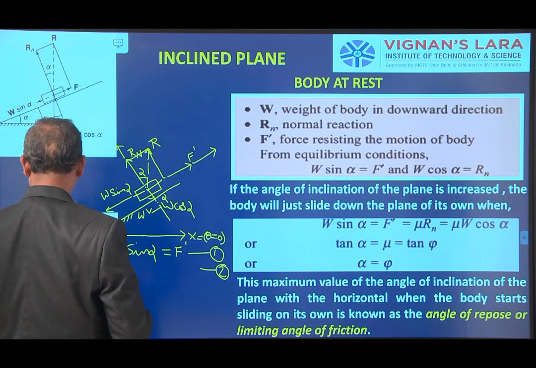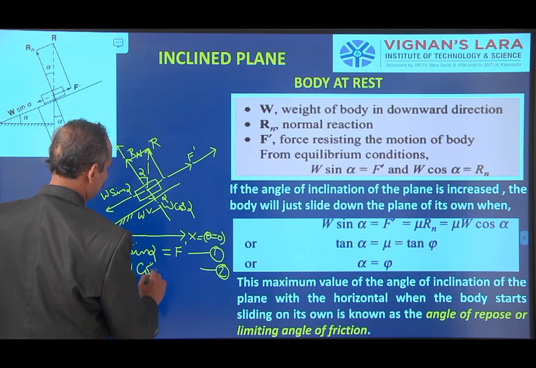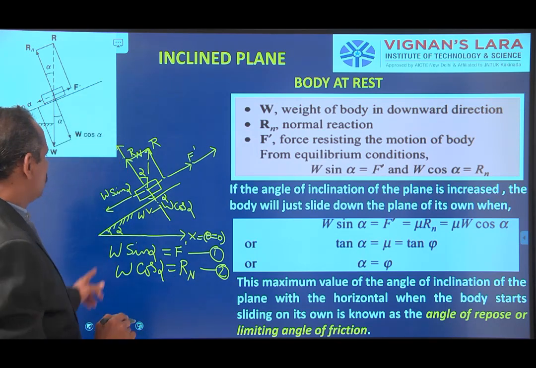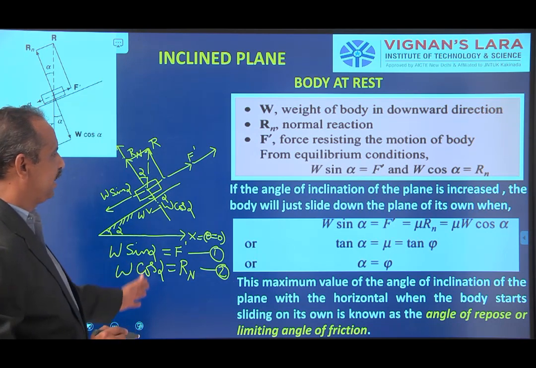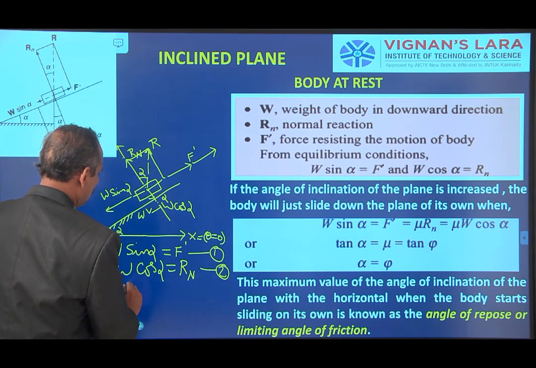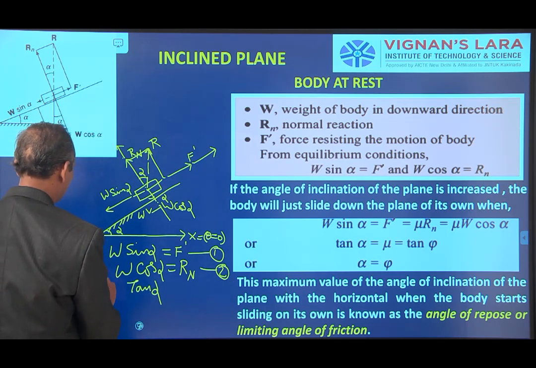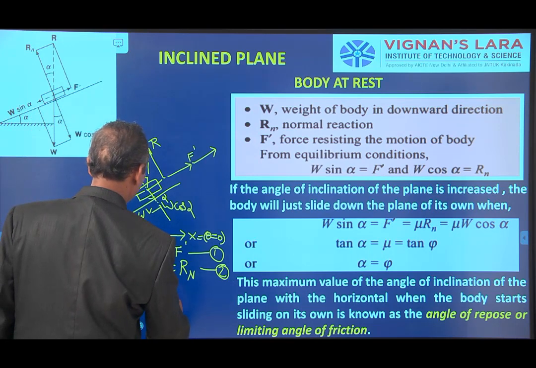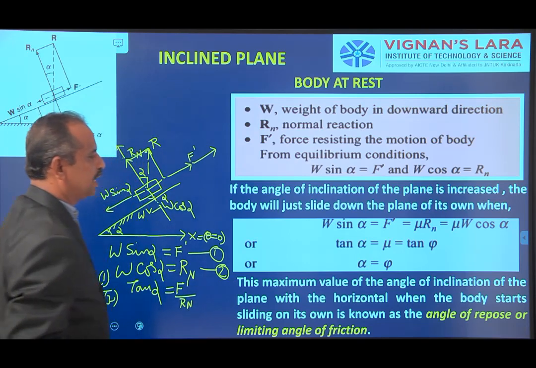I will write W cos alpha is equal to Rn. Okay, so if I divide these two equations, that is W sin alpha by cos alpha, which gives tan alpha. So equation 1 by equation 2 is F dash by Rn.